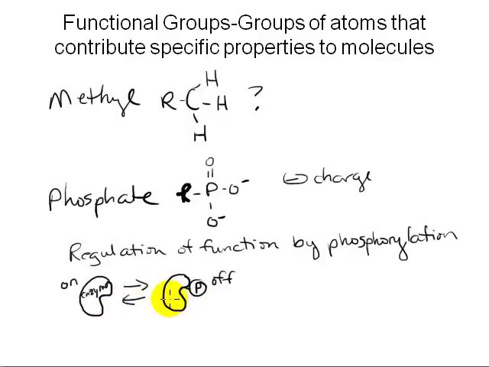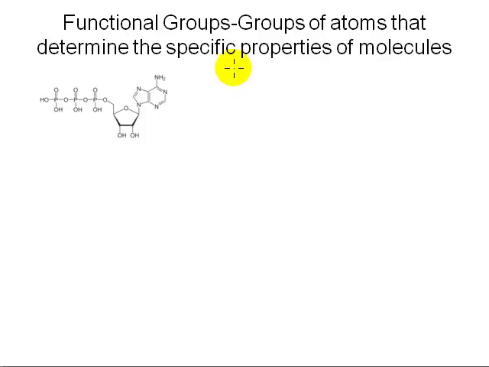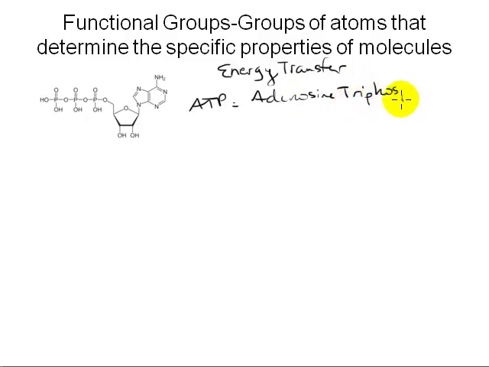The other context in which phosphate is really important in a biological context is in energy transfer reactions. At some point in your education, I'm sure you probably heard of a molecule called ATP, which stands for adenosine triphosphate, commonly referred to as the energy currency of cells. Here's the structure of adenosine triphosphate. This is the adenosine part, and here are the three phosphates.